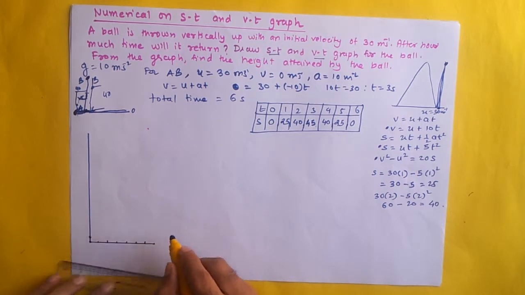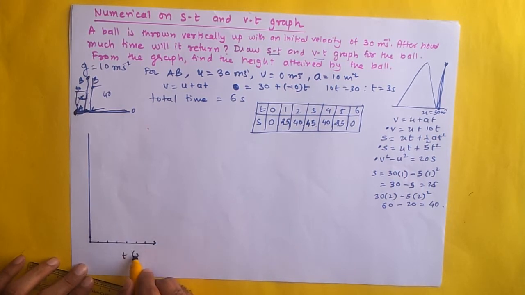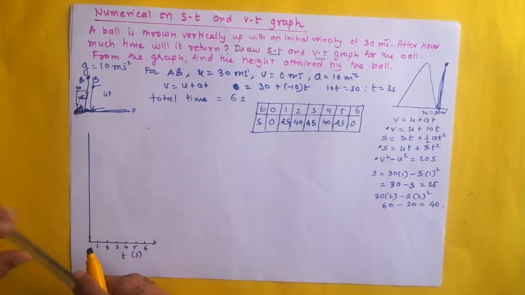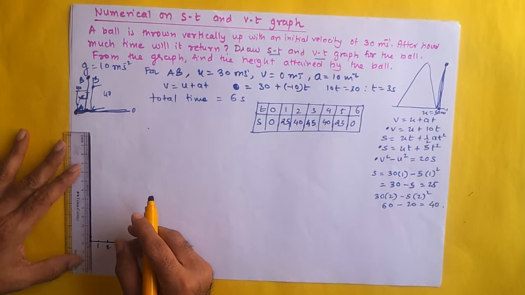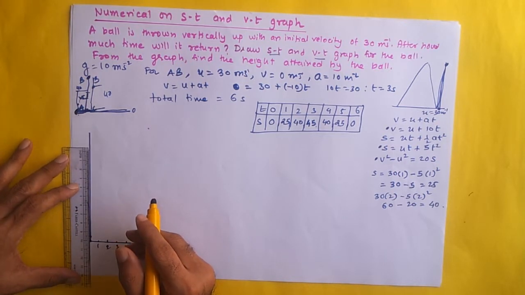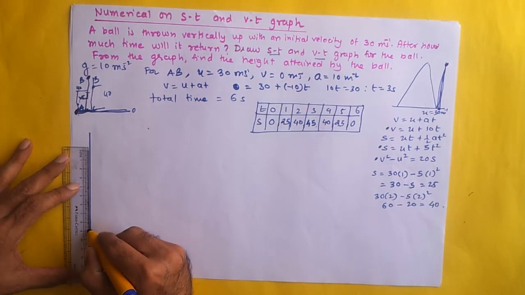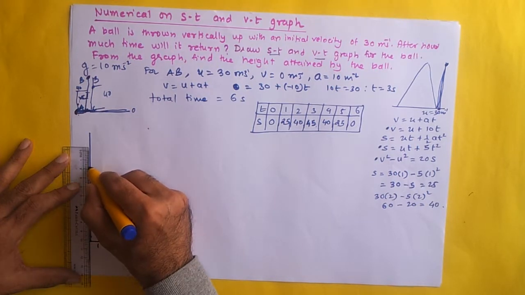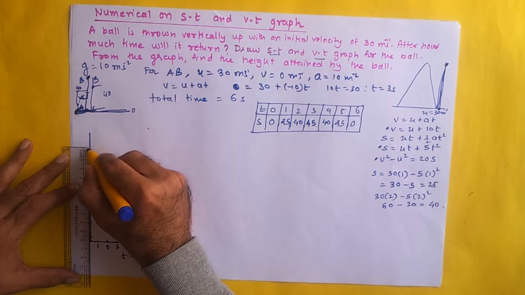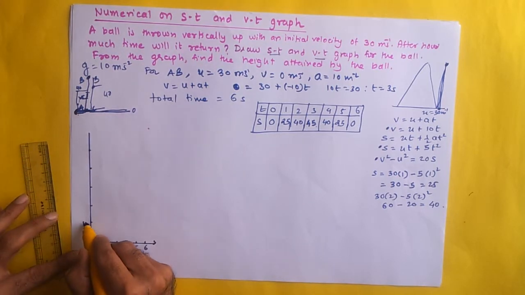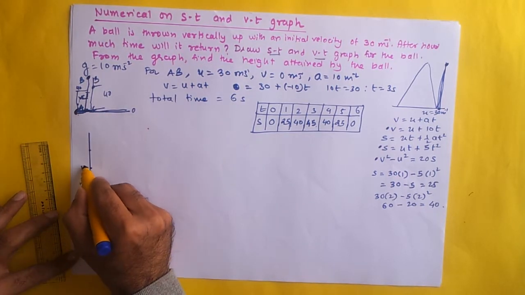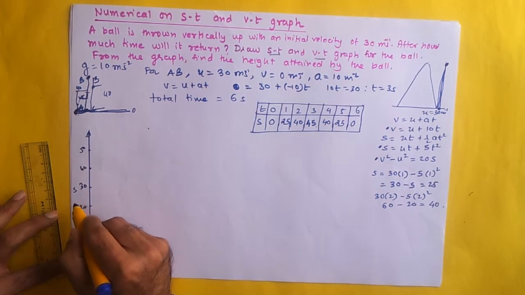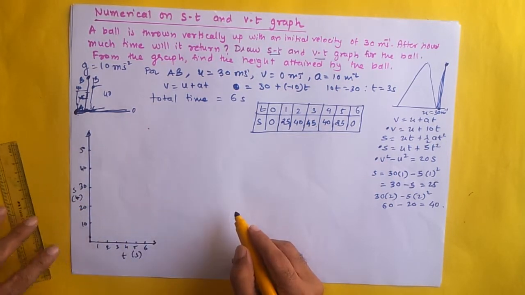This is time t in seconds: 1, 2, 3, 4, 5, and 6. And on the y-axis I can take displacement: 10, 20, 30, 40, and 50 meters. This is displacement S in meters, and I can now start putting the points.